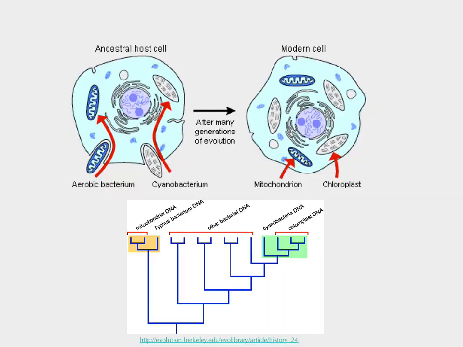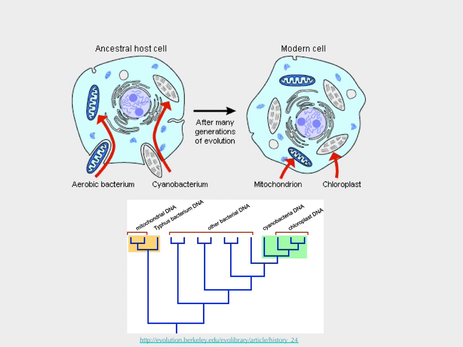Okay. And finally, the most famous symbiosis. Eukaryotes are a symbiosis of multiple bacteria, where some of the bacteria become chloroplasts, and some of the bacteria become mitochondria.